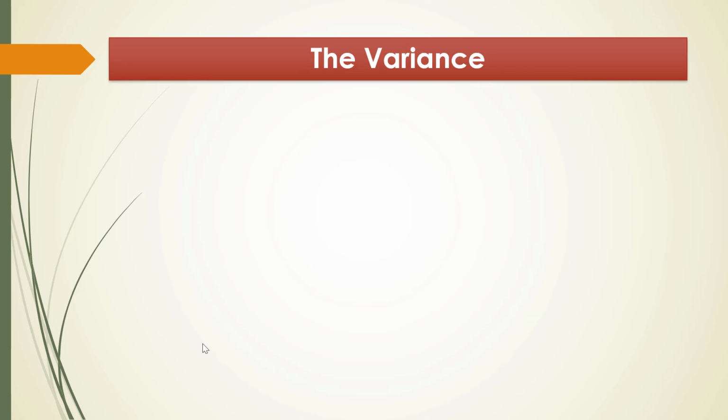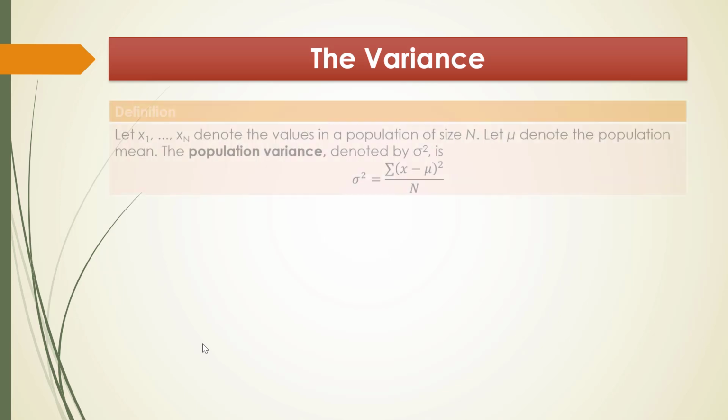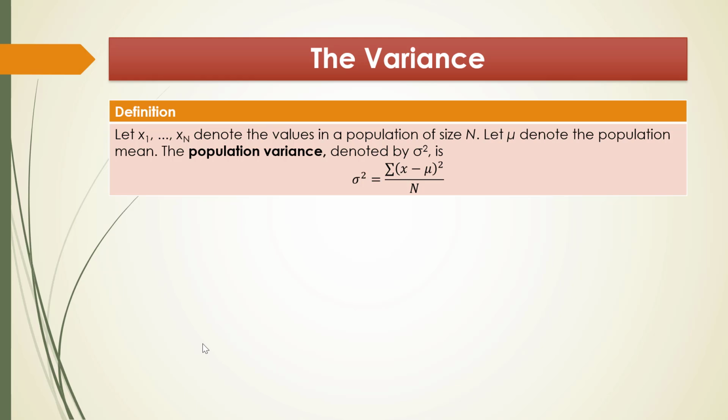And remember when we learned about the mean, we had the population mean and the sample mean. For variance, we also have population variance and sample variance. First, with the population, let x1, x2 to capital X N denote the values in the population of size capital N, and let mu denote the population mean.